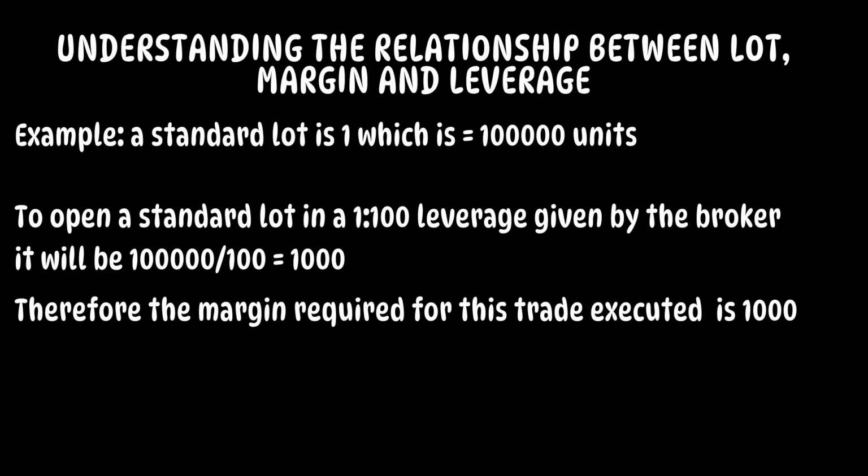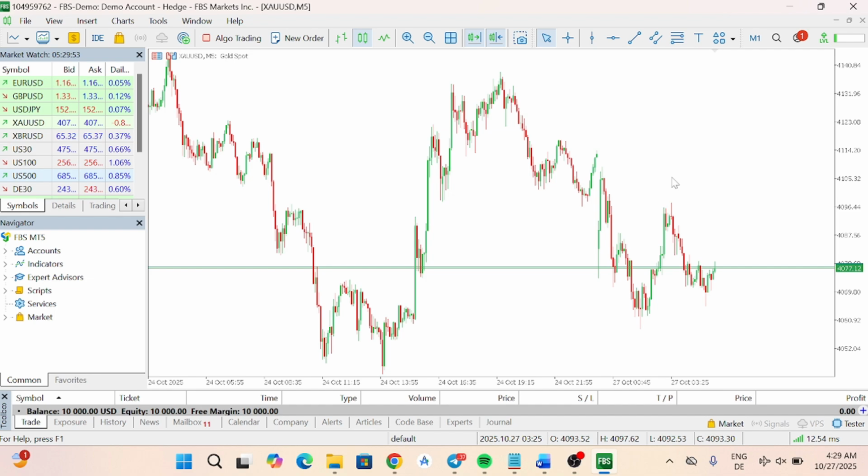So basically the margin required for you to be able to open a standard lot is 1,000. I hope this makes sense. This is basically the relationship between the lot, the margin, and the leverage. Now we have talked about leverage and we understand the relationship between lot, leverage, and margin.